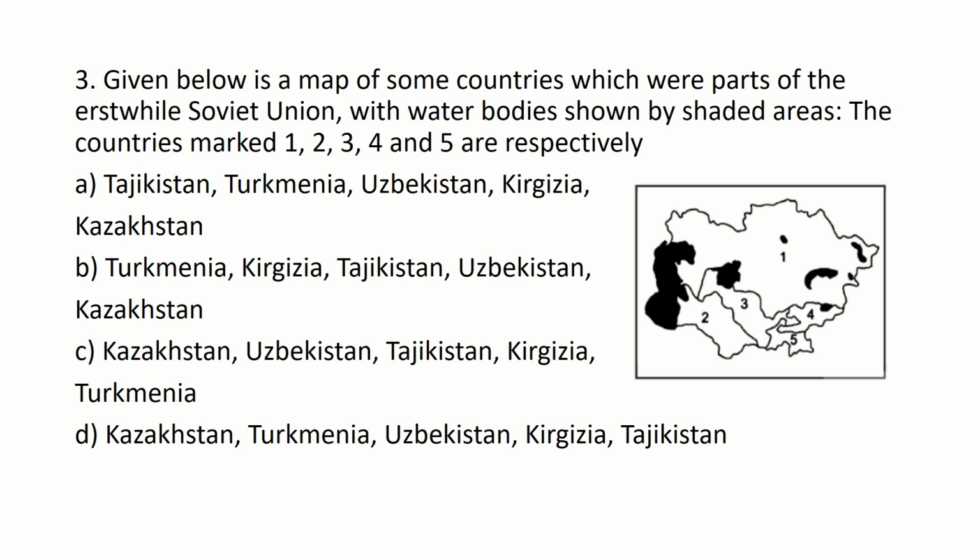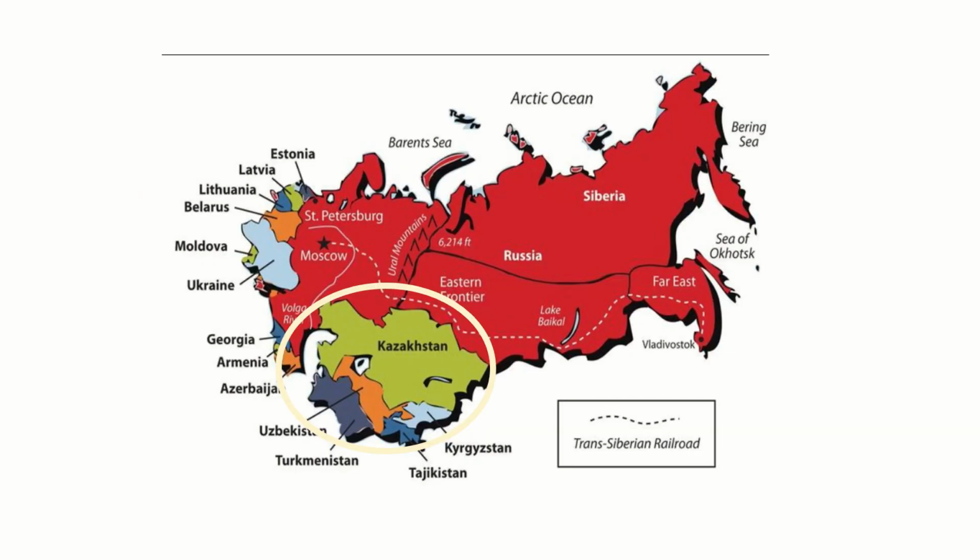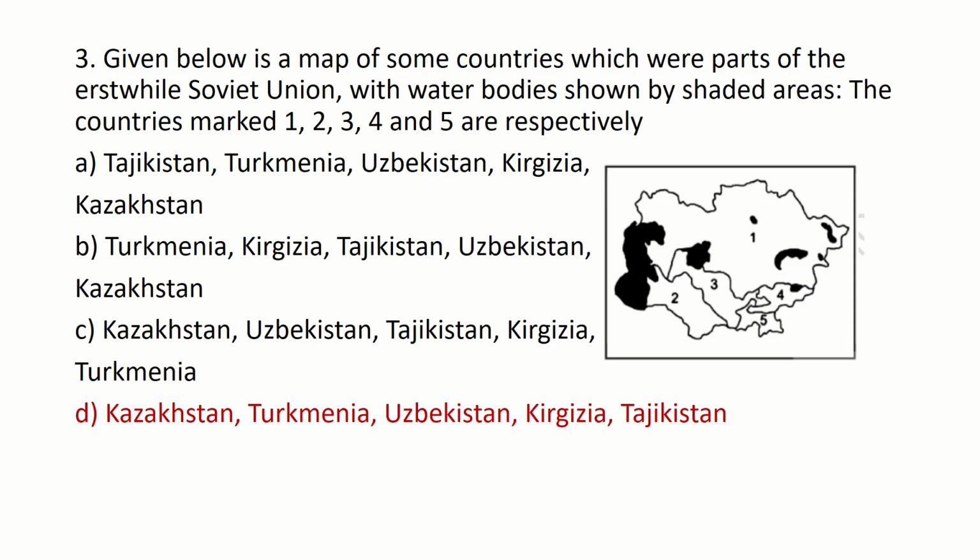And 3 is Uzbekistan, Tajikistan is 5, and 4 is Kyrgyzstan. Let's take a look at the map again. Please take a look at the portion of the map. And from this map, it's clear that option D is the right answer: Kazakhstan, Turkmenia, Uzbekistan, Kyrgyzstan, and Tajikistan. Let's move to the next question.